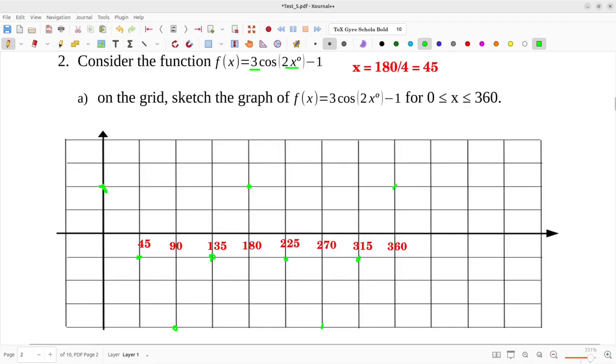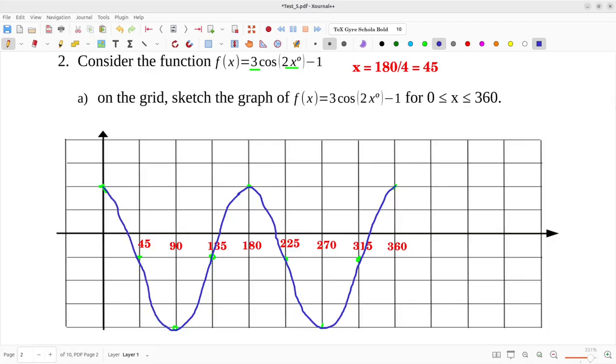Now let's draw this wave, something like this. Make sure it's a smooth curve. And that's the graph.